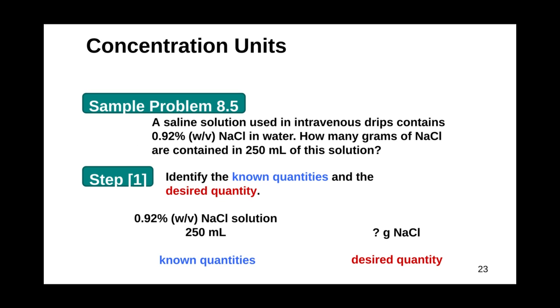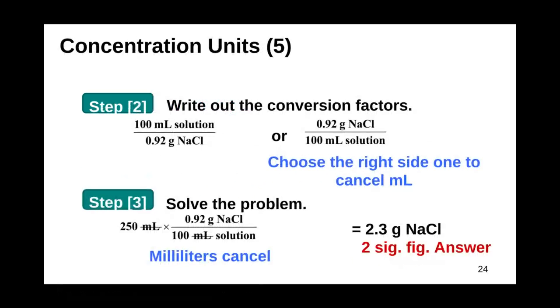Well, as we always do with these problems, we identify the known quantities and the desired quantities. Our known quantity is 0.92% weight to volume of sodium chloride, and we know we have 250 milliliters. That's what we know. We want to know how many grams of sodium chloride are contained in that 250 milliliters. Well, we have to do some conversions, right?